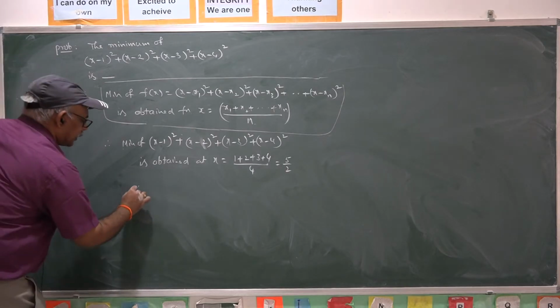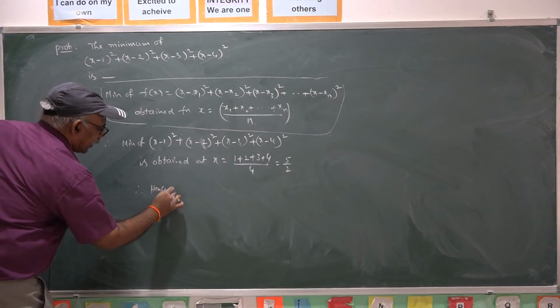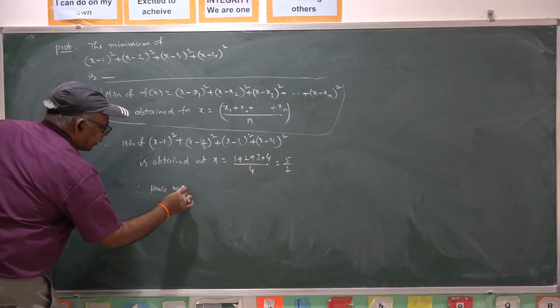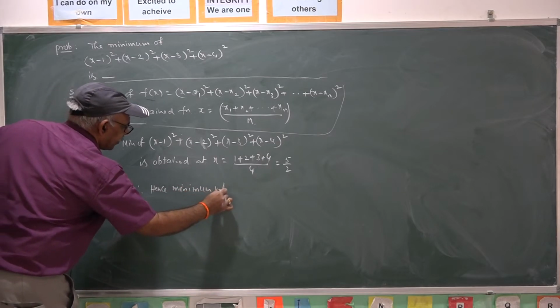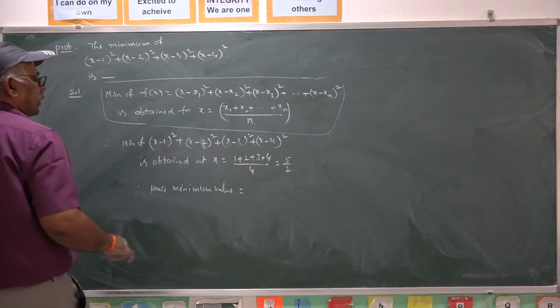Hence the minimum value is obtained for x equal to 5 by 2.